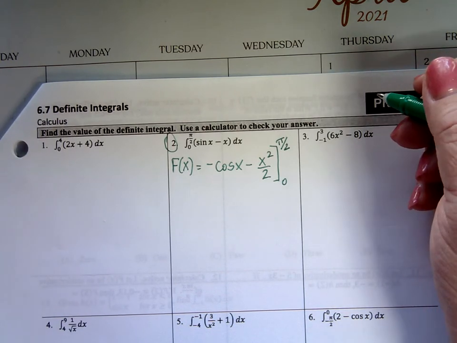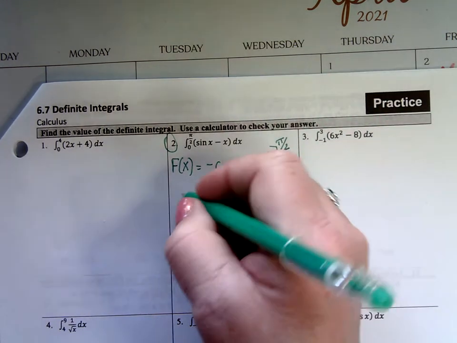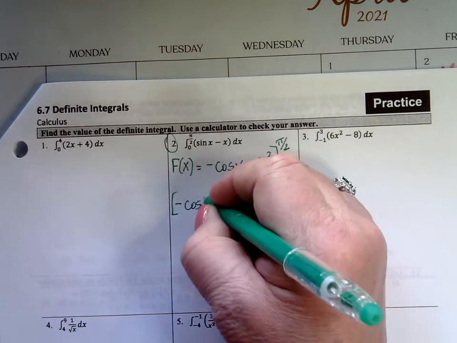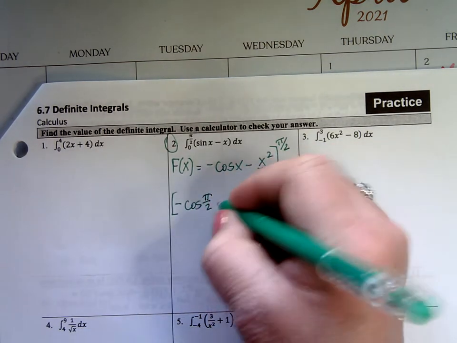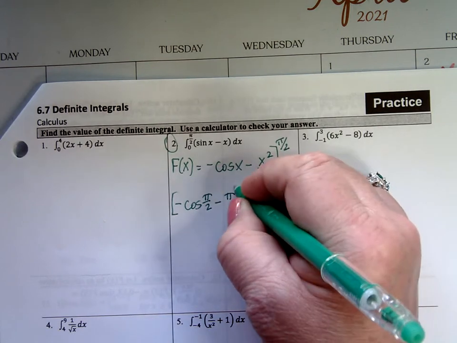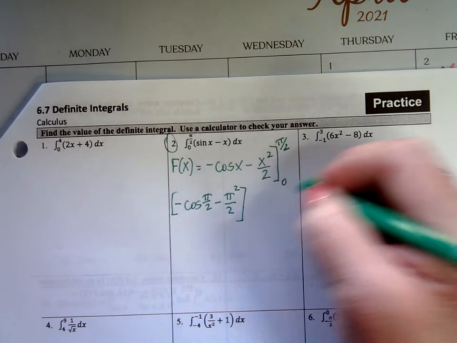All right, so here I go. Plug it in. My first grouping is going to be a negative cosine of pi over 2, the upper bound, minus pi over 2, well, pi squared over 2, right? And then I'm going to have minus the 0.